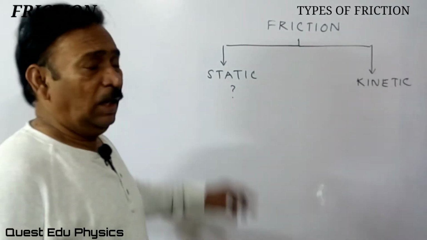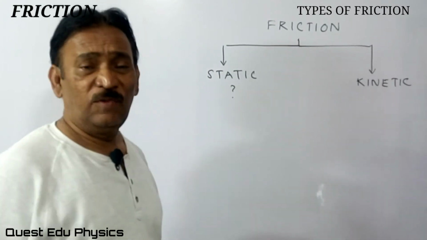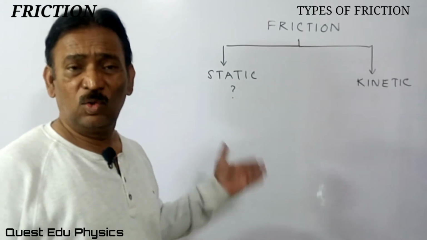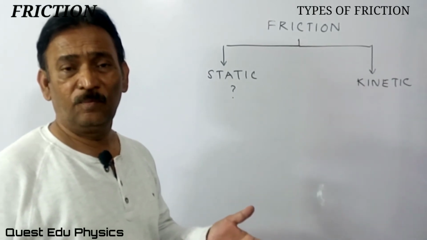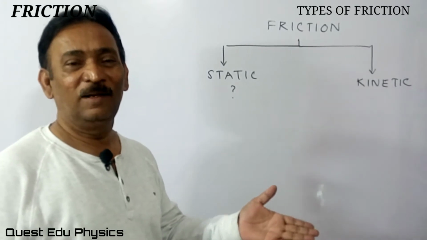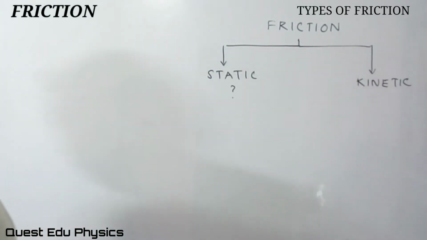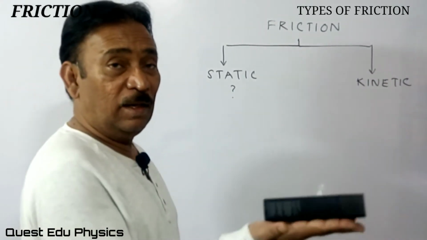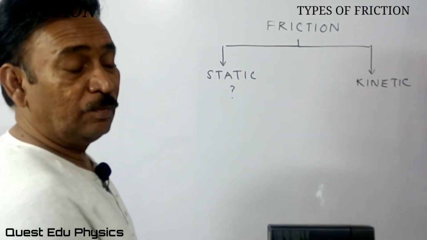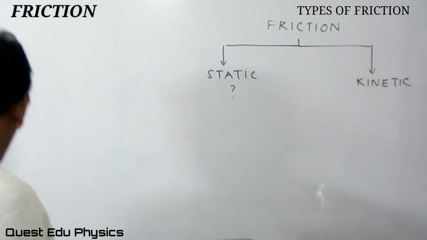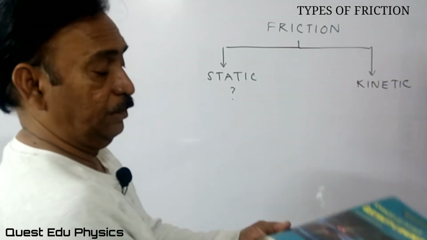Here it is the force which develops when one body tends to move over another body. It can be understood very easily. Let's say I am holding this in my hand. I can hold it very easily. Just imagine I put more weight on.